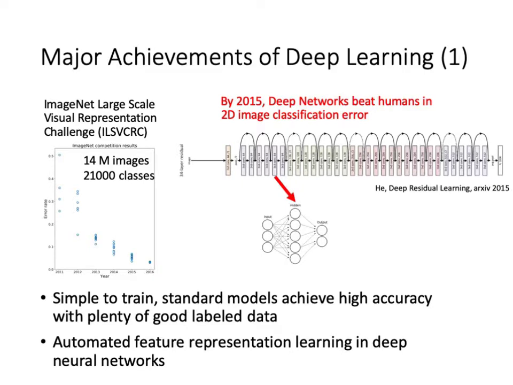The first major achievement of deep learning emerged in 2015 when Microsoft declared that the deep learning system, specifically the residual convolutional neural network, whose architecture is shown here, was able to achieve a decision making error far below the average human assessor in a competition of 14 million images, which contain roughly 21,000 different image classes.